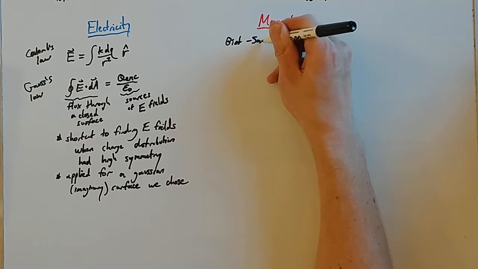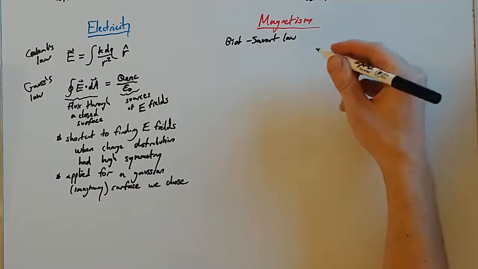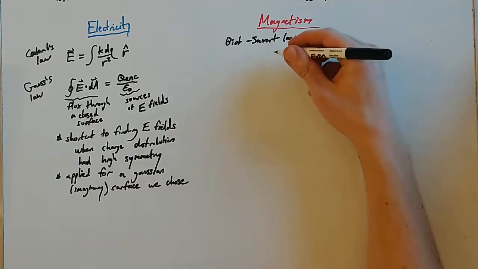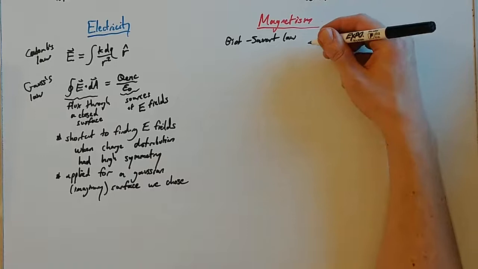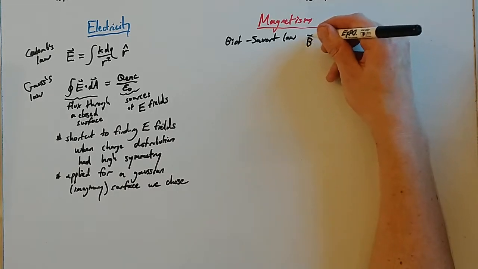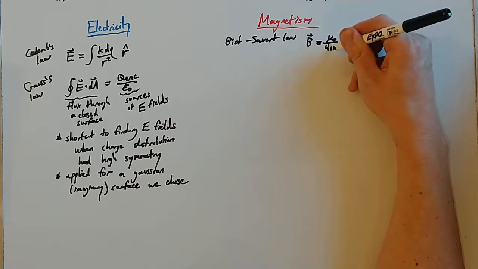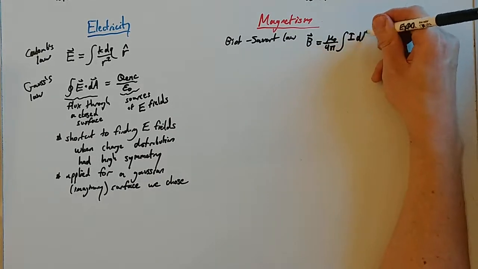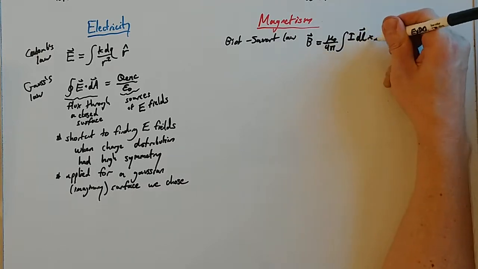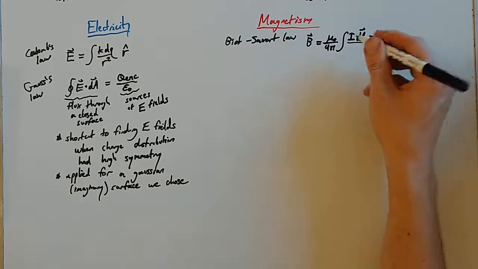The Biot-Savart law lets us calculate magnetic fields, how much magnetic field we had. Specifically, the magnetic field was mu naught over 4 pi, and then we'd integrate the amount of current, I dL, and then we'd put in this little r hat cross product, because you had to get a perpendicular vector in there.